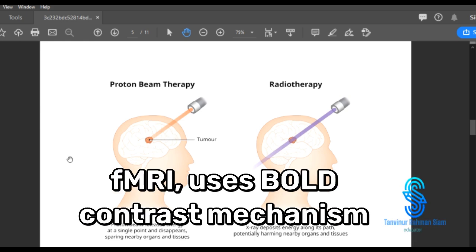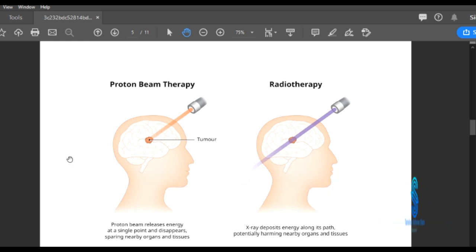So what does BOLD stand for? B is for blood, O stands for oxygen, L stands for level, and D stands for dependent. fMRI uses the BOLD contrast mechanism, blood oxygen level dependent, as it measures the rate of oxygen level. fMRI is used in cognitive neuroscience and also in psychology to study brain function and the neural basis of behavior in real time.